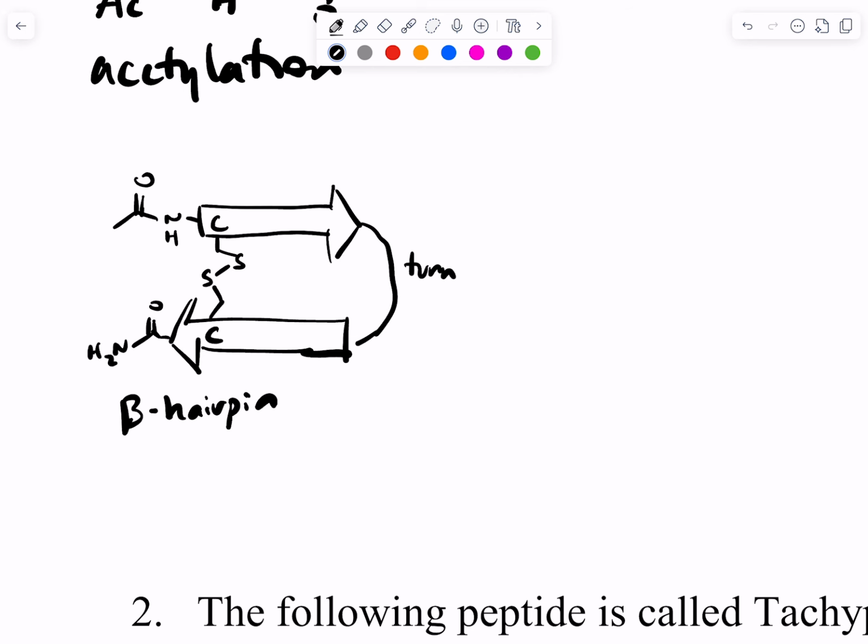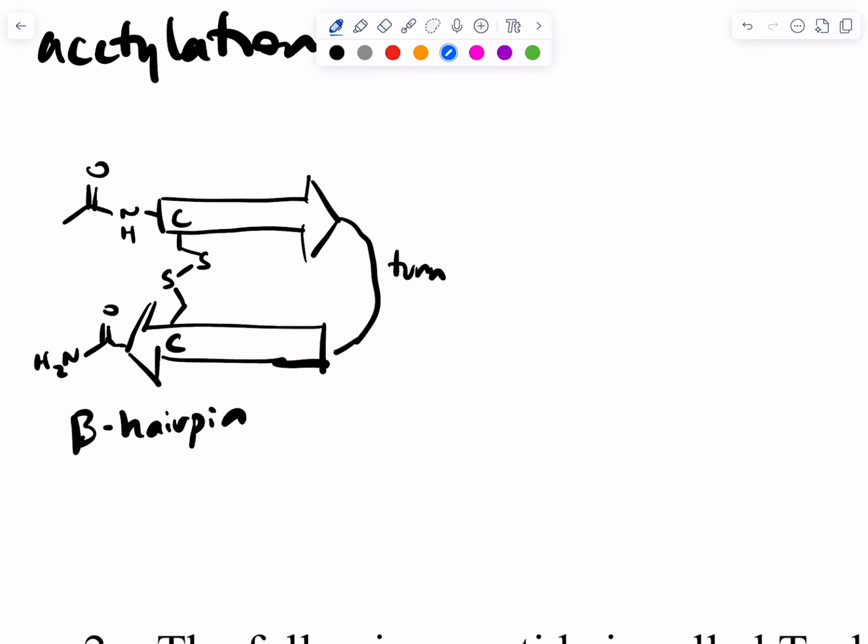Another thing you're going to notice is along the way, specific amino acid residues are going to be hydrogen bonded to each other across the strands, across each beta strand. So we'll call these cross-strand hydrogen bonds.